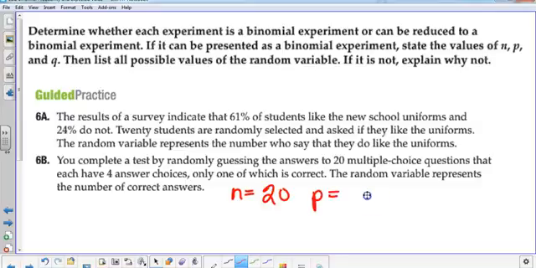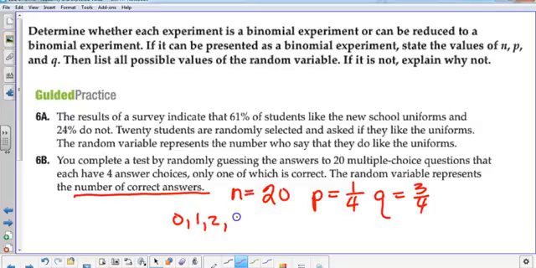P is 4 choices, right? And one of them's correct. So 1/4. Q is 3/4. The random variable? The random variable represents the number of correct answers. So you could get 0 to 20, yes? Okay.